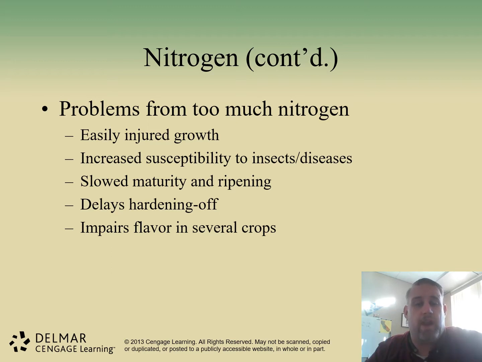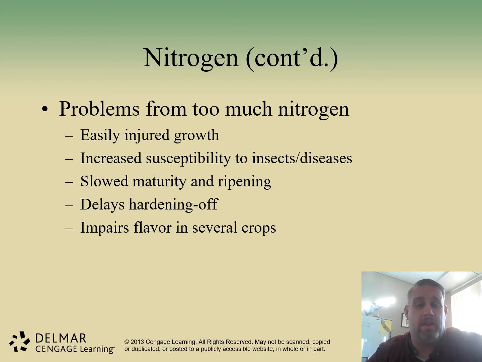So what happens when you put too much nitrogen down? You can be susceptible to insects and disease because the plant is growing so fast that it's opening itself up for infections. It doesn't allow for fruiting of plants as readily.